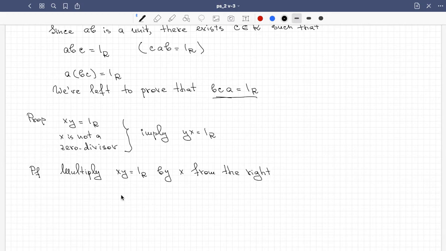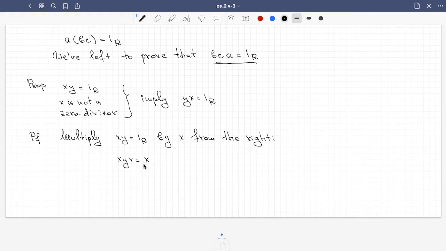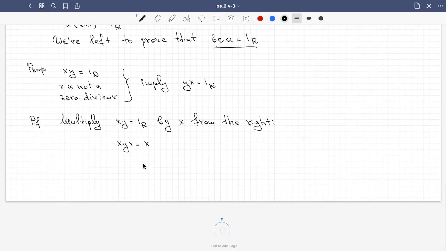We get xyx is identity times x is identity. So this is a property of identity, although for arbitrary elements xy may be not equal to yx, identity multiplied from right or from left by any element is this element. So this is a two-sided neutral element for the multiplication.